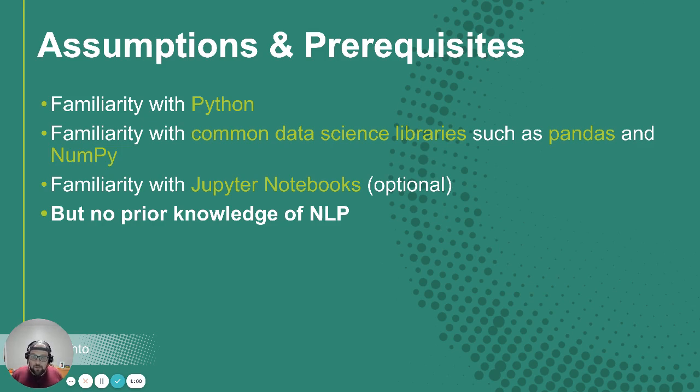For a lot of the examples, I'm going to be using Jupyter Notebooks. Familiarity with Jupyter Notebooks is helpful, but optional, because I'm showing them to you in Jupyter Notebooks. It doesn't actually require you to know anything about them. With that being said, there's all this prior knowledge required, but no prior knowledge of natural language processing itself is required.